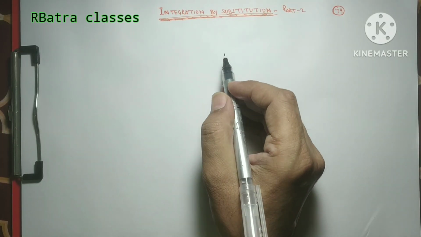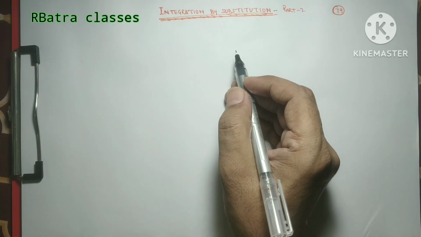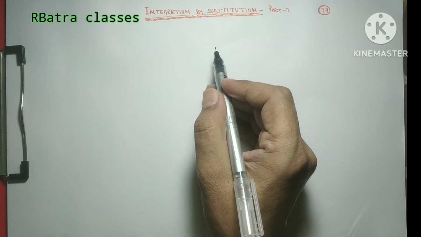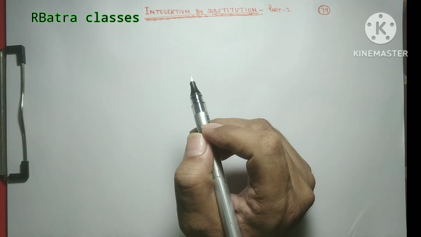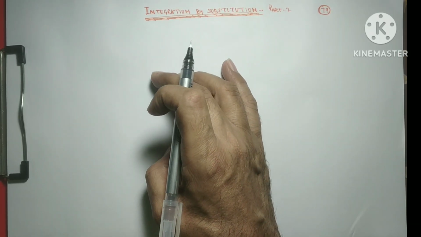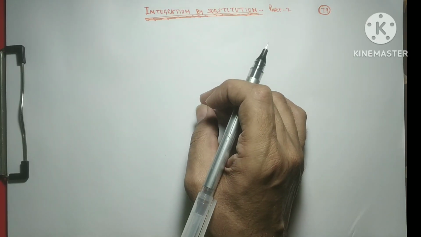When a function is modified or converted into a function of another function, we try to make it a standard function, because we have a few formulas of integration that we can use as standard formulas.